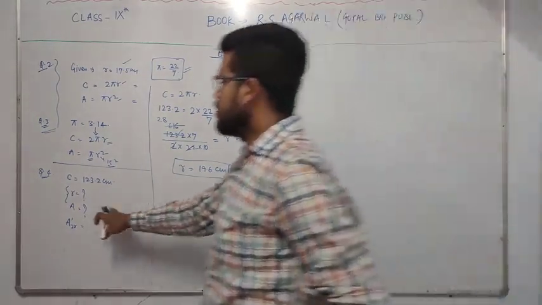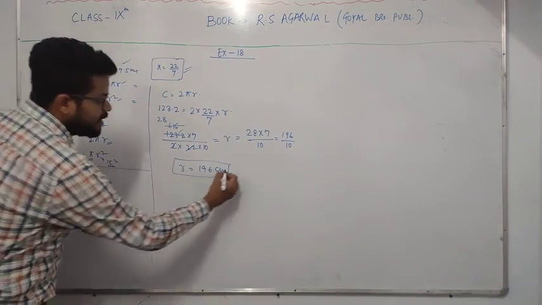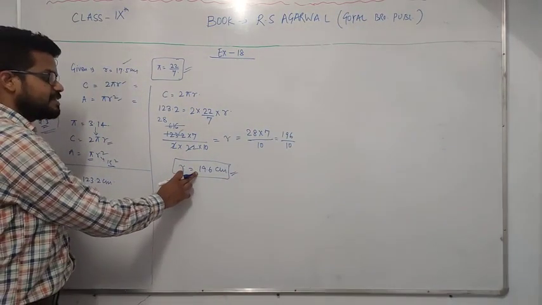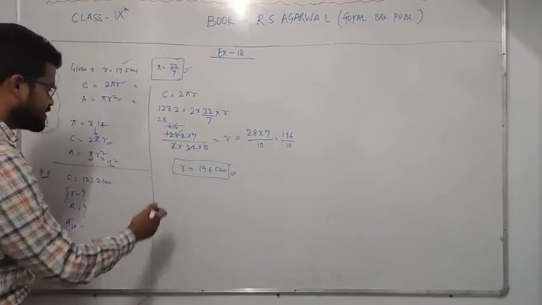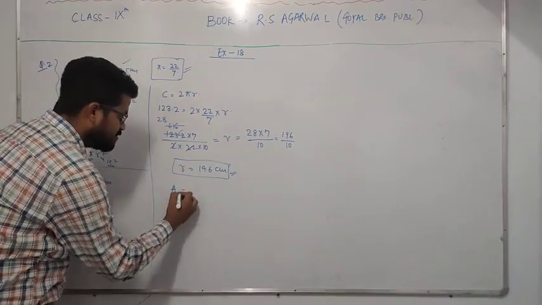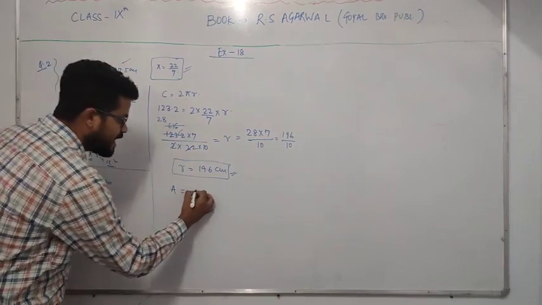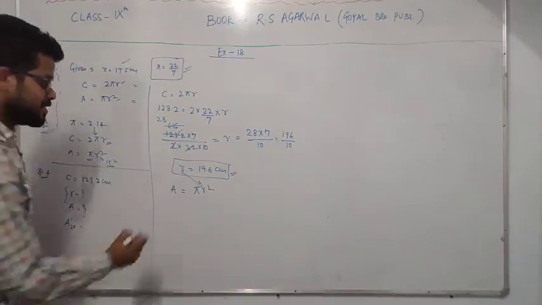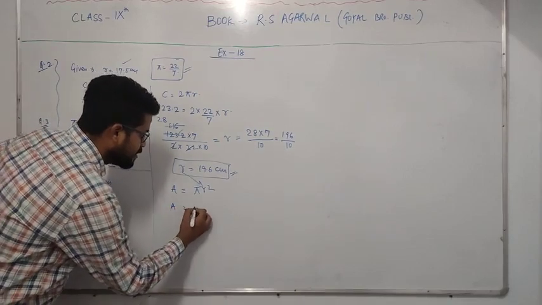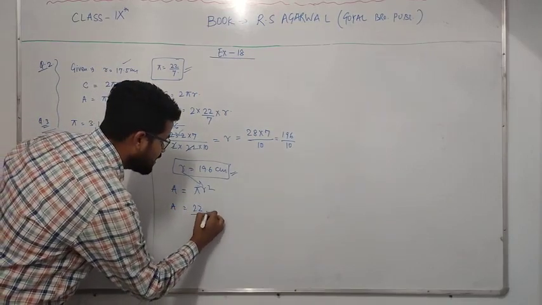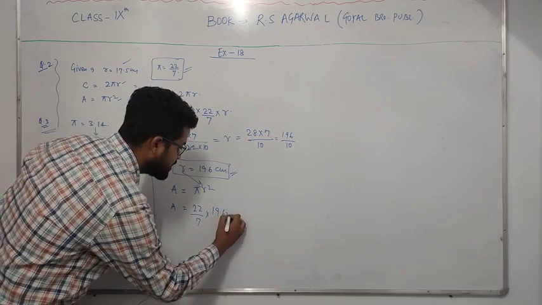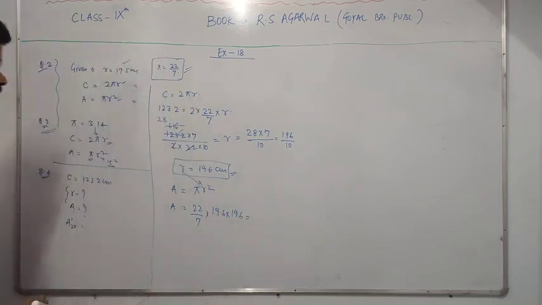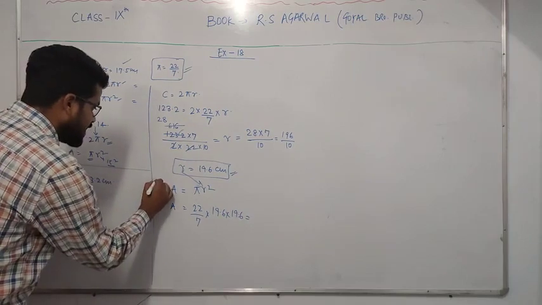Now the area. We have the radius 19.6 and have to find the value of area. The formula of area is pi r square. Simply put this radius here, so we get 22 by 7 into 19.6 into 19.6. This is the area, the second part.